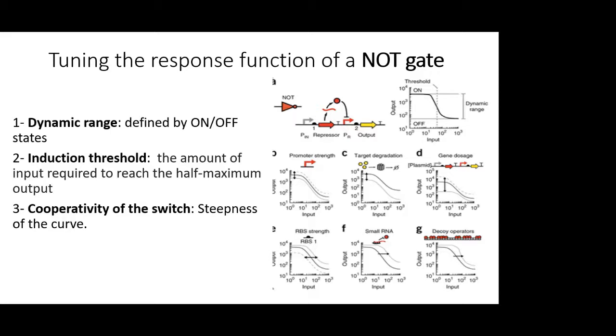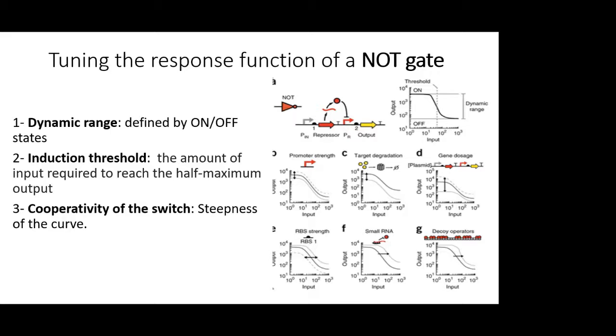So you can shift this threshold, as explained in the graph, by controlling the RBS strength. You can mutate the RBS sequence, or there are already tools available for the rational design of RBS sequences, like the RBS calculator. You could design a small RNA that changes the concentration of your repressor in the NOT gate.